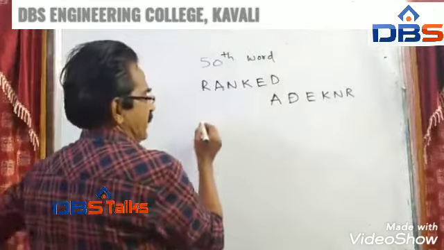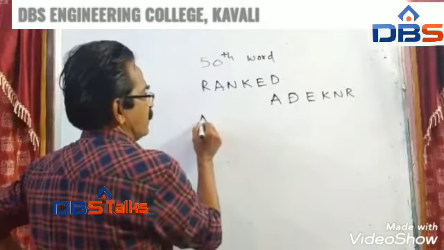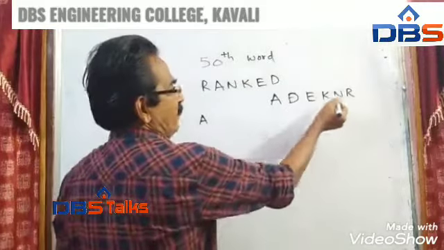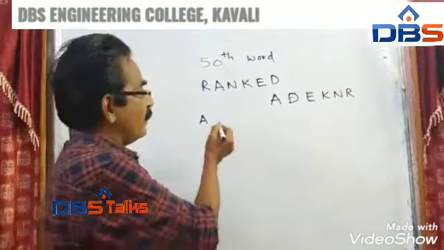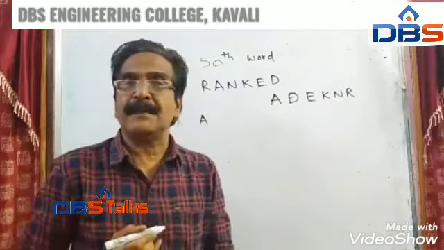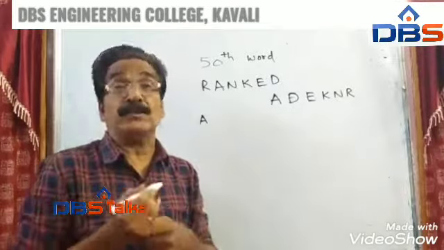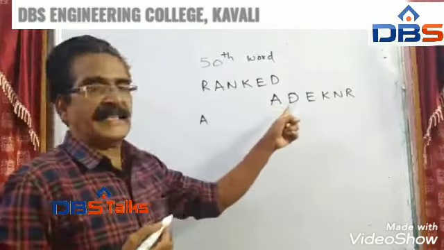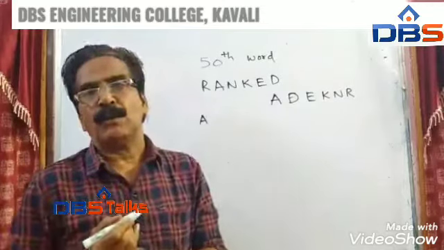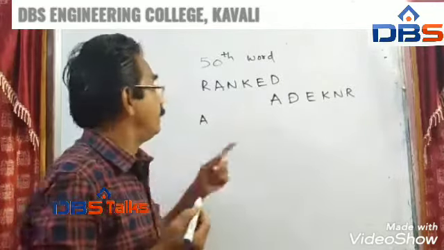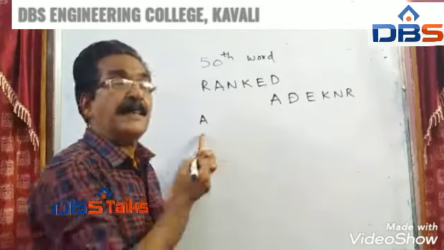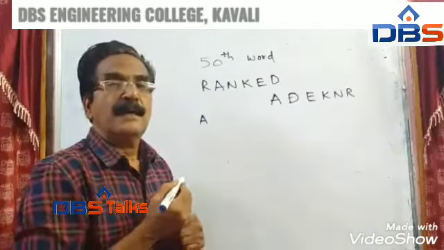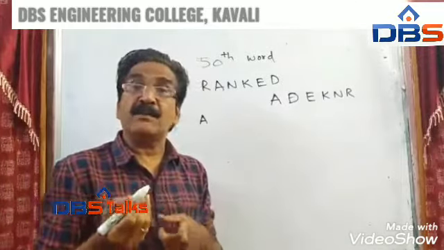See, if we start with A, 5 letters are there, 5 blanks will be there. 5 letters can be arranged in 5 factorial, that is 120 ways. So we have to take the second letter also. If we take only one letter in the first place and arrange the remaining 5 letters, how many arrangements are you getting? 5 factorial, 120 arrangements.